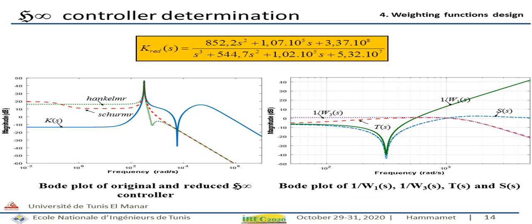After fixing the weighting functions, an H-infinity controller K can be directly created by using the mixsyn MATLAB function with the defined G, W1, W2, and W3. The first figure shows the original and reduced H-infinity controller, and the second figure shows the Bode plot of W1 and W3 and the obtained T and S.